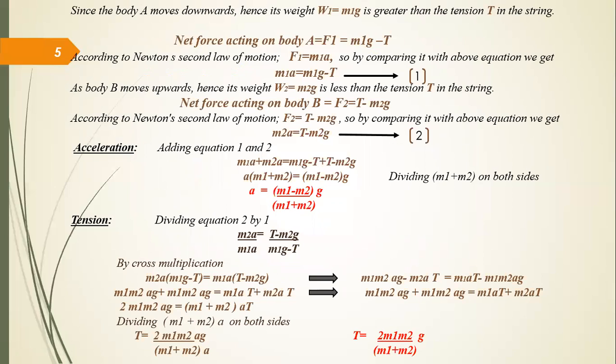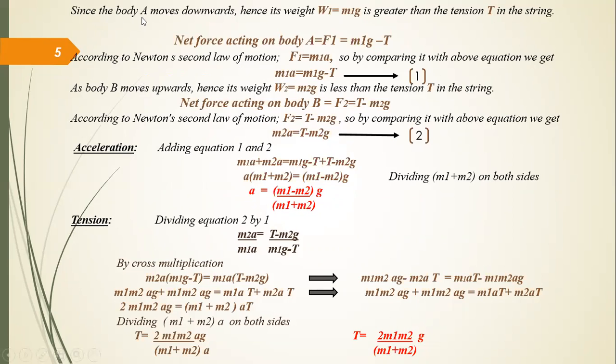For these blocks, we have to find the acceleration and the value of tension in the string by which both blocks are attached to each other. As the string is one string and both of the blocks are attached to the opposite ends, if one block moves in the downward direction, the other must move in the upward direction.